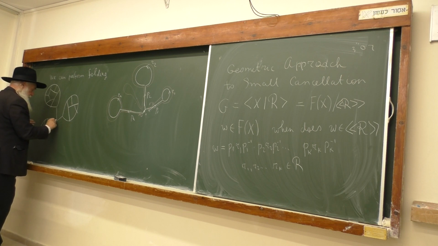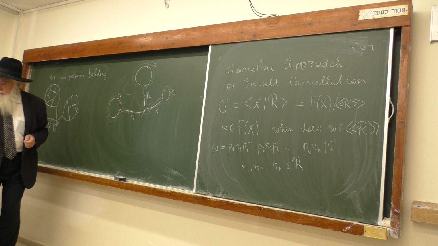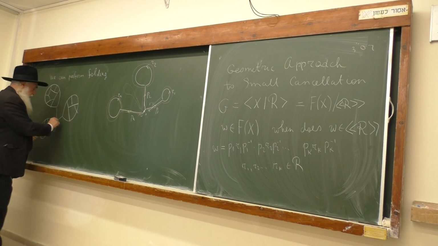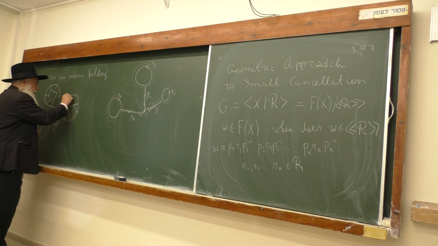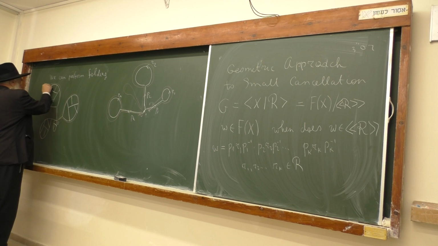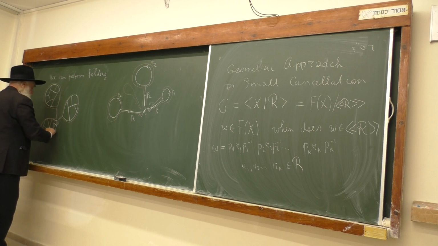Maybe here also something. And then when we go around, the word that we read here will be just the reduced word coming from the original word.